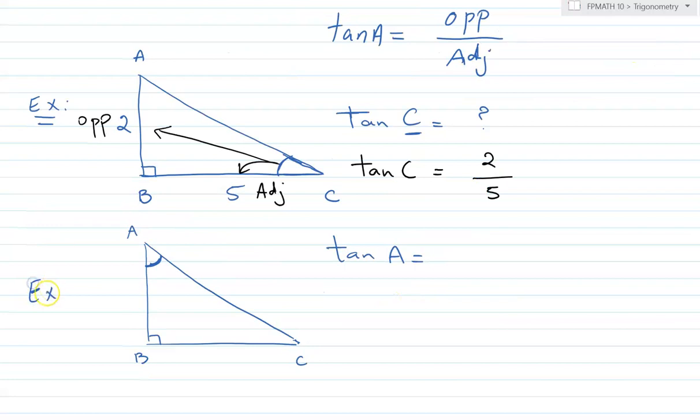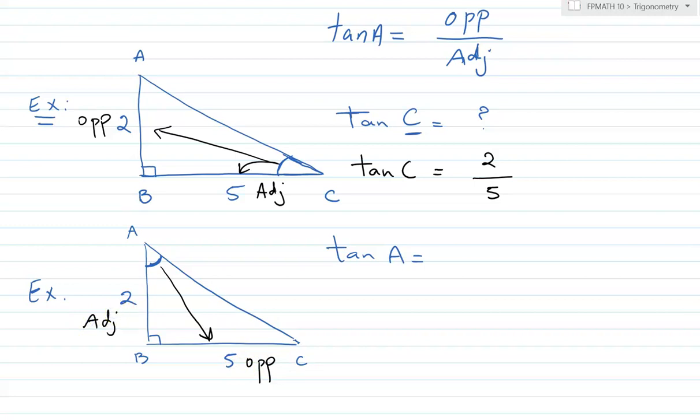All right, let's look at example 2. This time, same triangle. Let's put 2 in here and 5 there, but this time we want the tangent of angle A ratio. What is that? First, we have to label the opposite side to angle A. Now 5 is the opposite side, and 2 is the adjacent side.